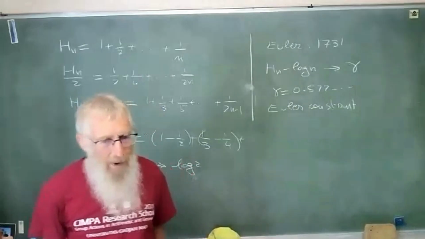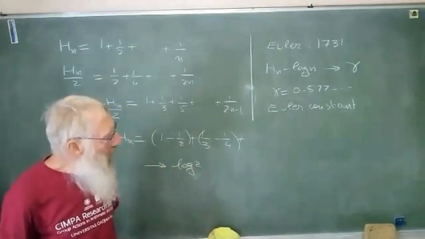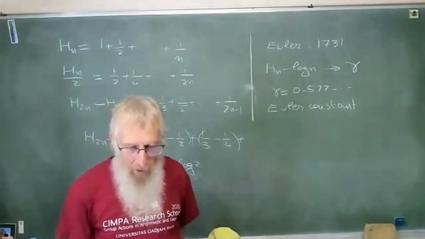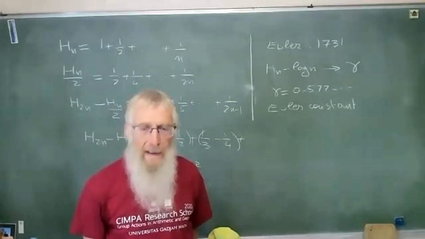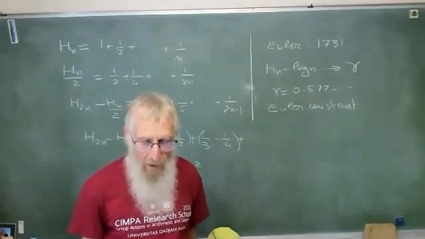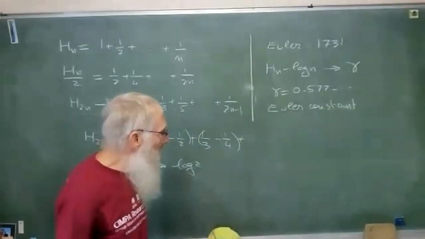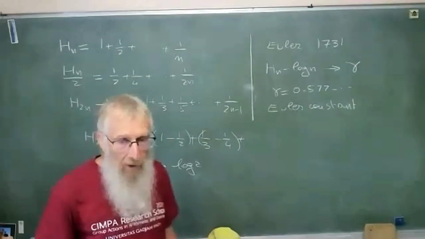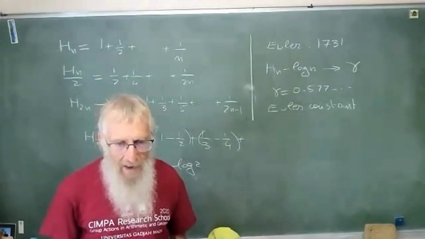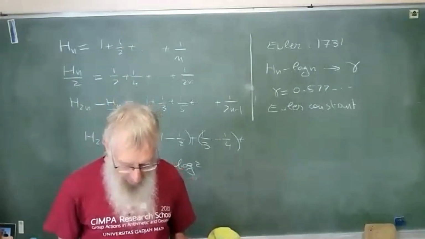Among the questions which are open concerning this number is whether this number is rational or not. The conjecture is that it is transcendental, so it is not a root of a polynomial with rational coefficients, but we do not know whether it's a rational number or not. And this is one of the main challenges that we are not able to solve.